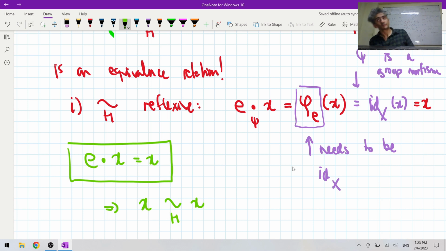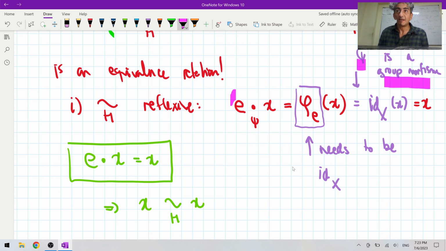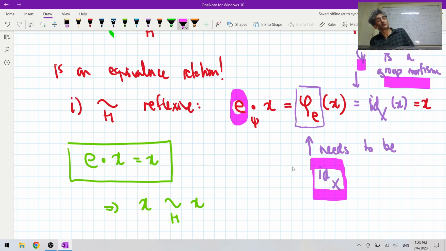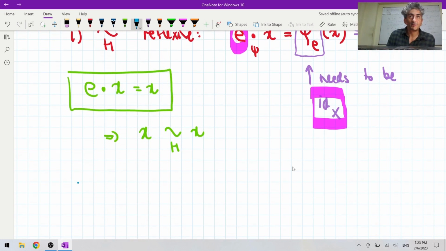And we have seen this because a group morphism sends the identity of H to the identity of the transformation group of X. That's the first part. Now let's show that this is symmetric. So we need to show that this relation is symmetric.